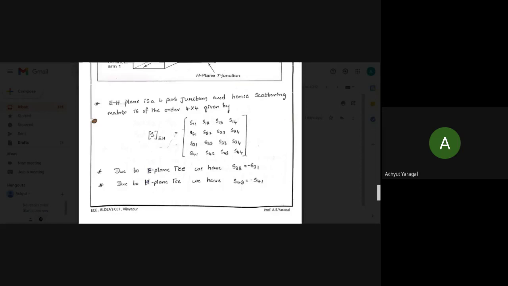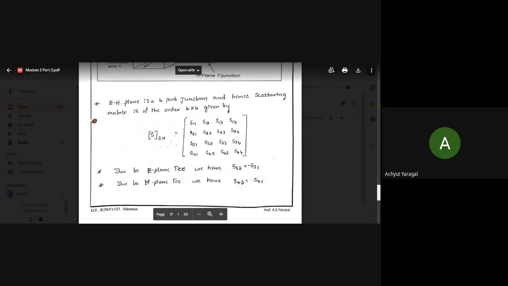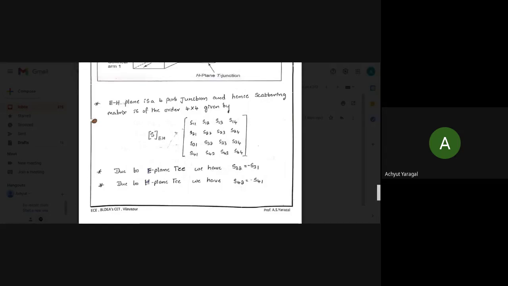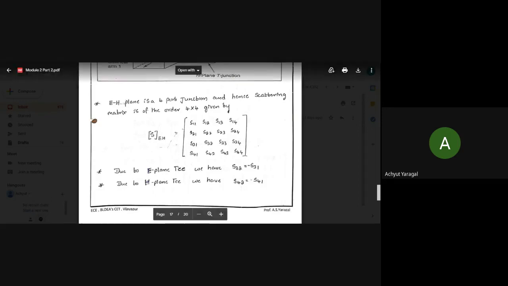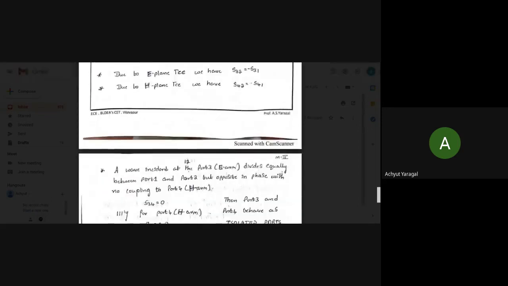That means there is a minus sign: S32 is equal to minus S31. Whenever there is an incident wave at port 4, that is the H plane, magnitude and phase are equal. That's why S42 is equal to S41. So these two parameters can be utilized in the S matrix representation, and we already know that.